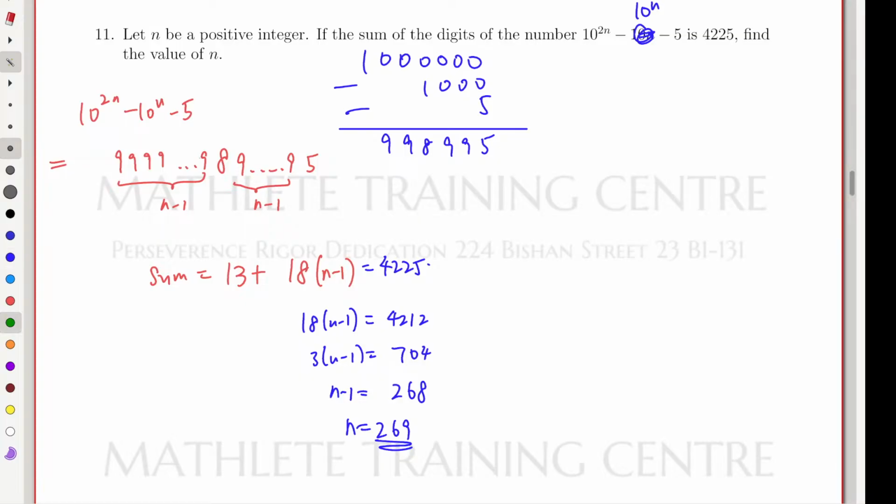So here what we have is 10 power 2n minus 10 power n minus 5. Yeah, the calculation is correct. And then we have 13 plus 18 times of n minus 1. 4212 divided by 18 is going to give you 3 to the power n minus 1 is 702.